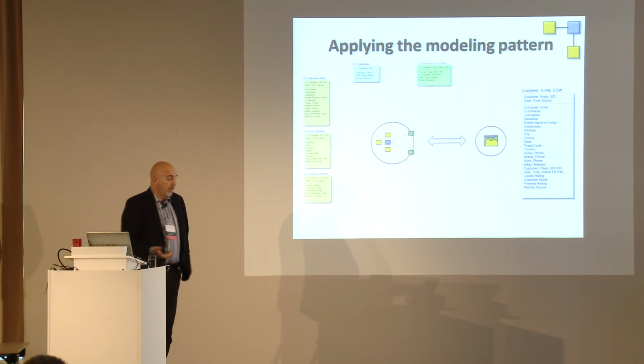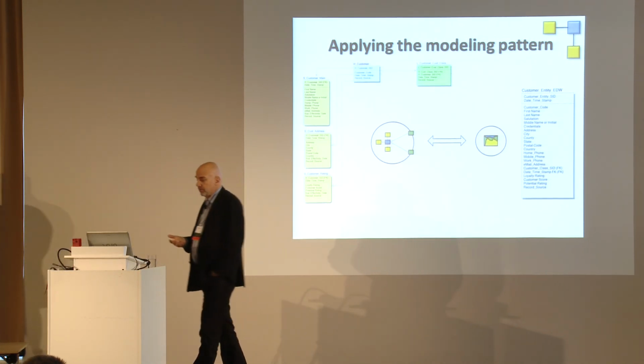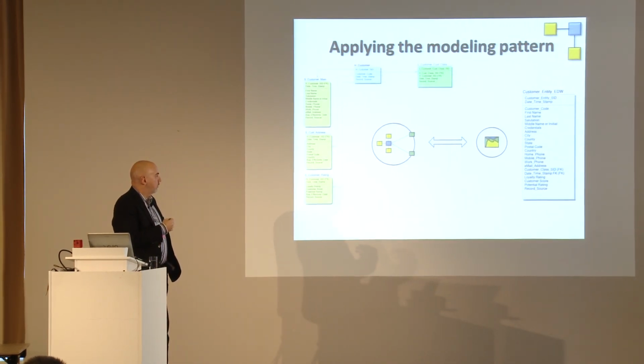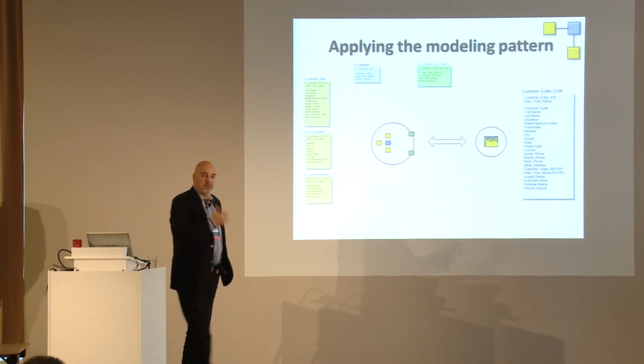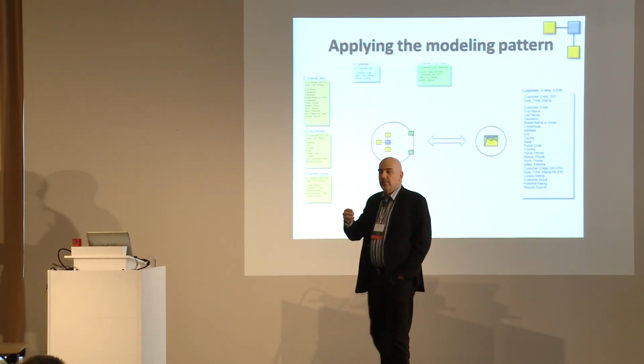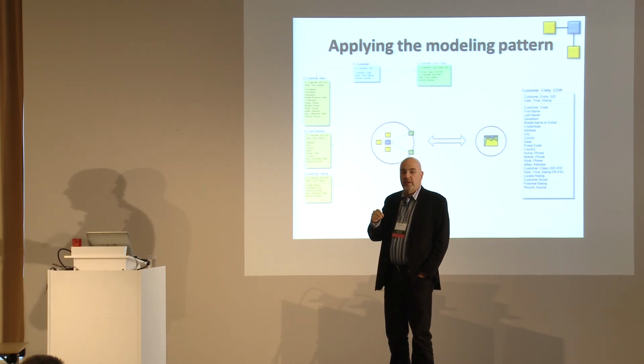Okay, so applying the pattern. This is, again, true of all ensemble. We have a technique that says we start with defining a core business concept, and then as we define it, we associate with it an instance or a key. Now, I'm going to tell you that there's something interesting about this.